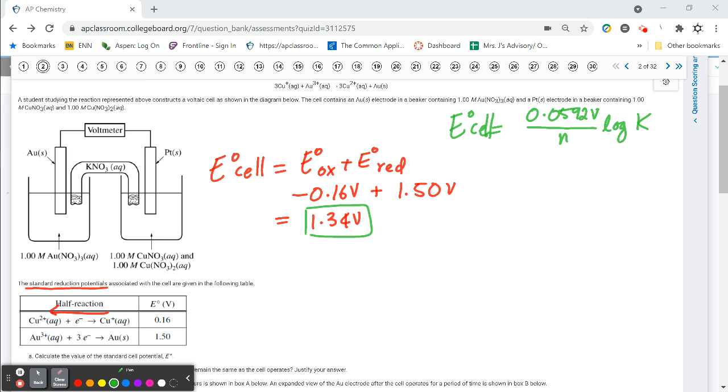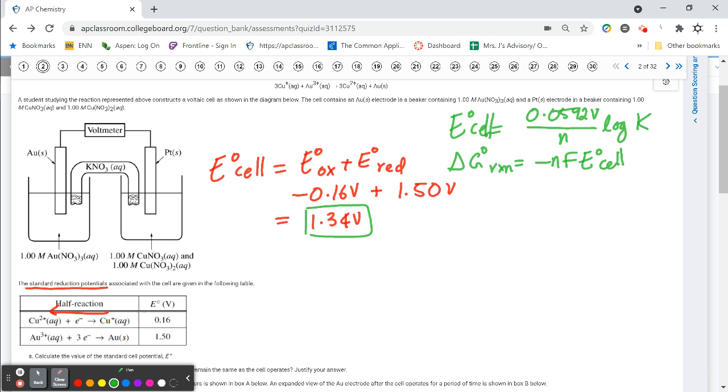You also have a method to do that. Delta G standard for this reaction is equal to negative nF times the E cell. The n here is the number of moles of electrons, the F is Faraday's constant, and E cell is the number that you just calculated.